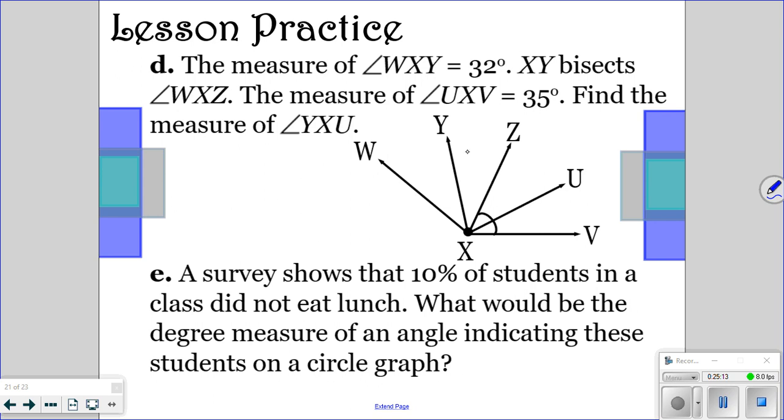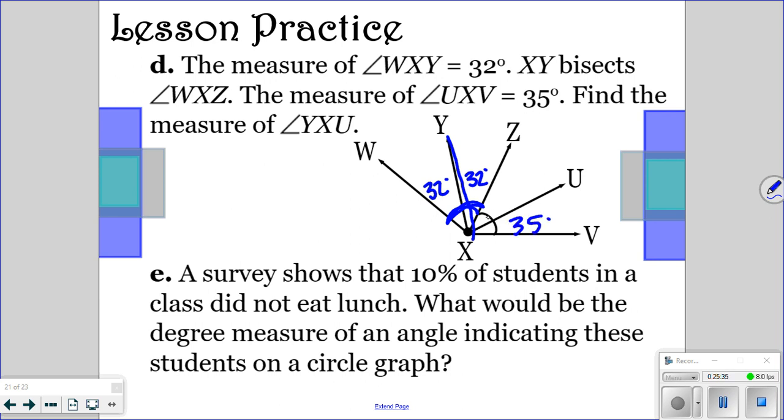So it tells us the measure of WXY is 32, and it tells us that XY bisects WXZ. So these two are the same, so that means that this angle over here is 32. And then the measure of angle UXV is 35.